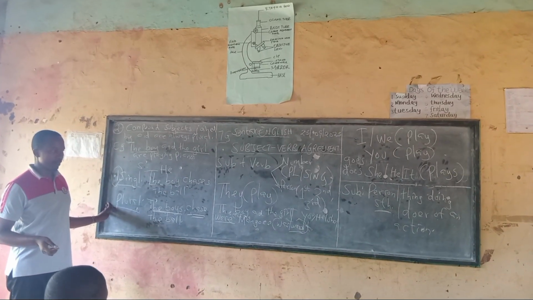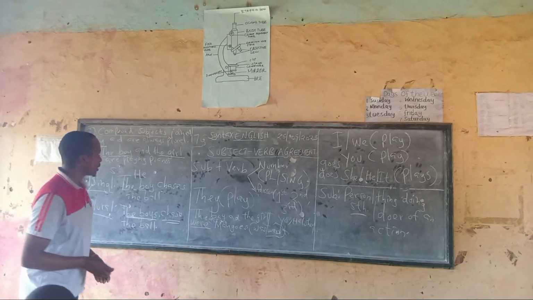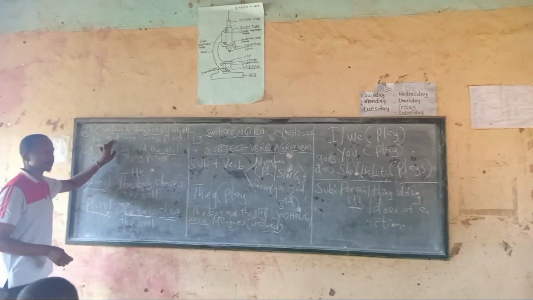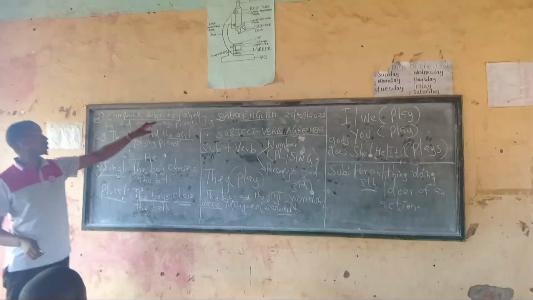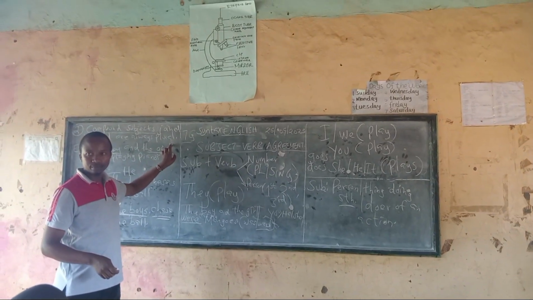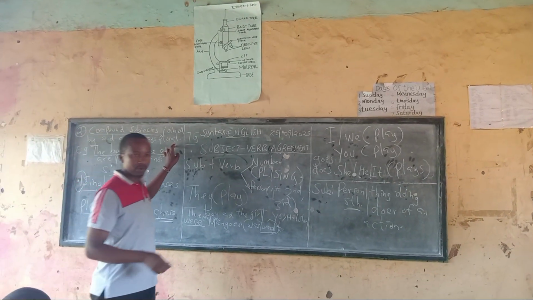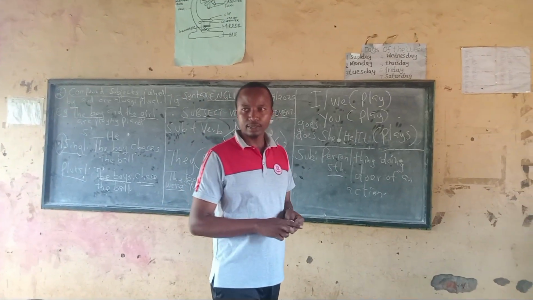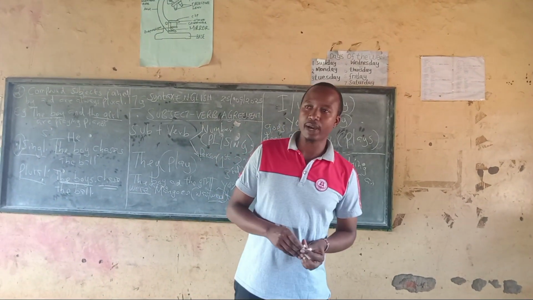Are we together? Yes. Next, we talked about compound subjects joined by and. We say that compound subjects joined by and are always plural. When we were talking about coordinating conjunctions, you remember the fan voice? Yes, fan voice.